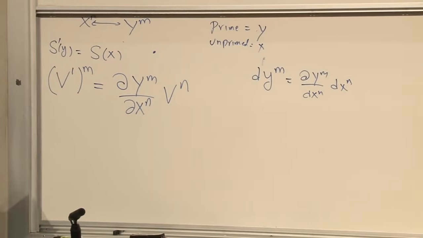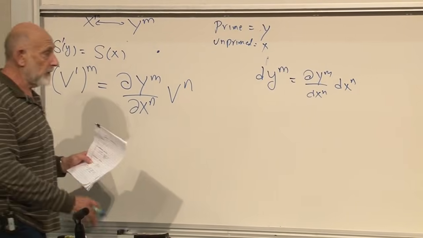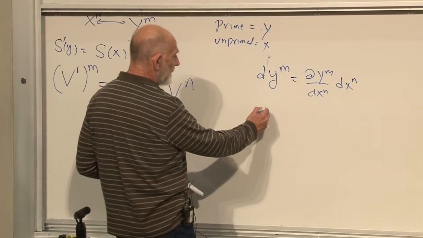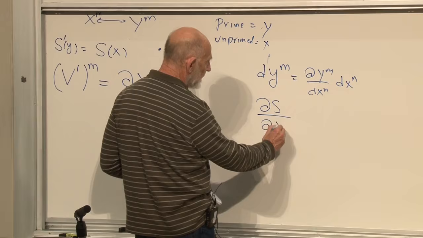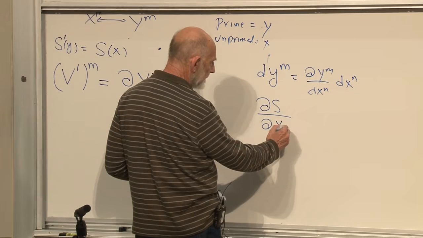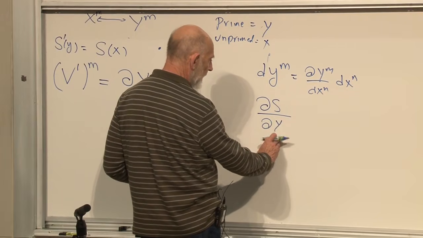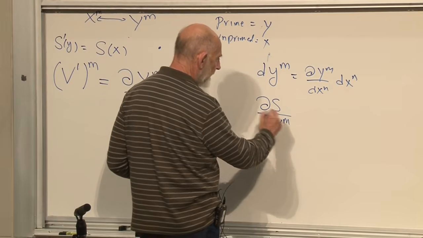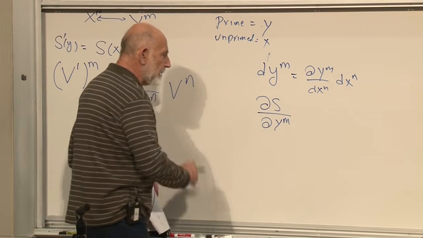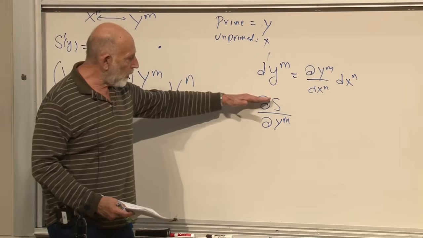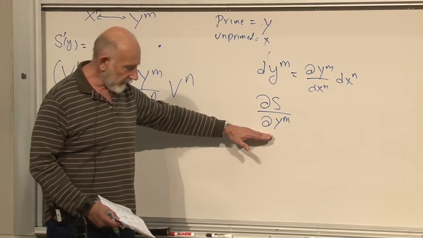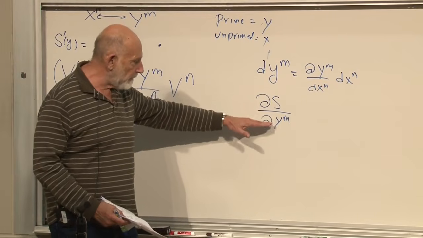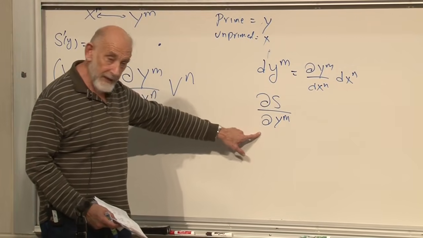The covariant components, a covariant component of a vector would be, for example, if you have a scalar, s, and you differentiate it with respect to y^m, this becomes the primed component of a covariant vector, or the primed covariant component of the gradient vector.